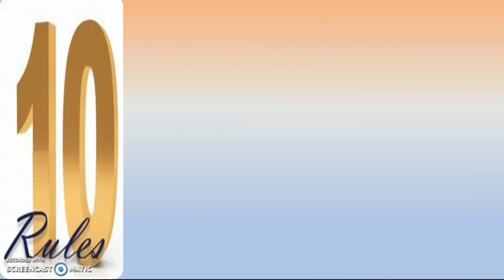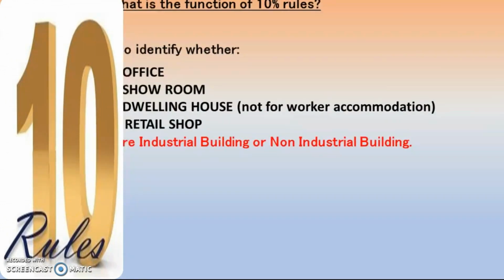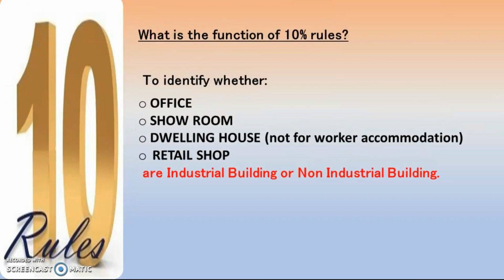So, what is the 10% rule? What is the function of it? To identify whether office, showroom, dwelling house not for worker accommodation, and retail shop are industrial building or non-industrial building. So you have to count the 10% rule first.